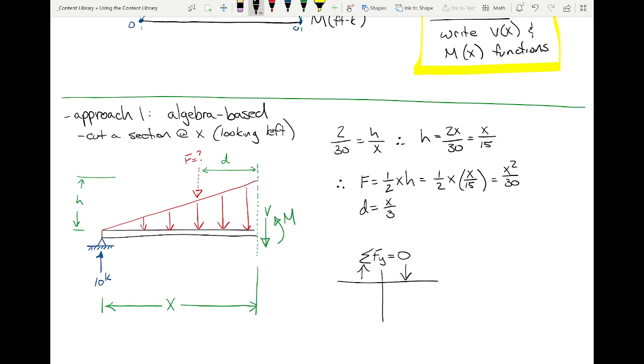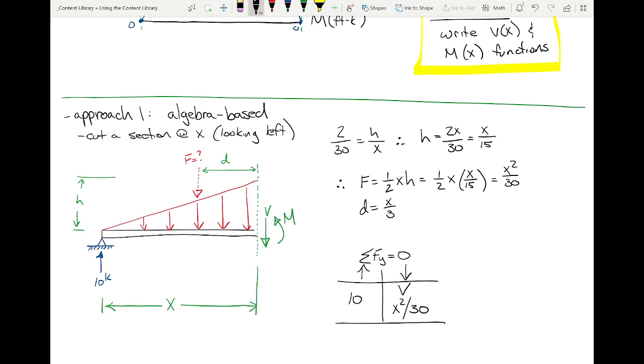So what do I have? I've got 10 going up. What do I have going down? I have V and I have F. But F is this. So I'm going to say I have 10 going up, V, x squared over 30.